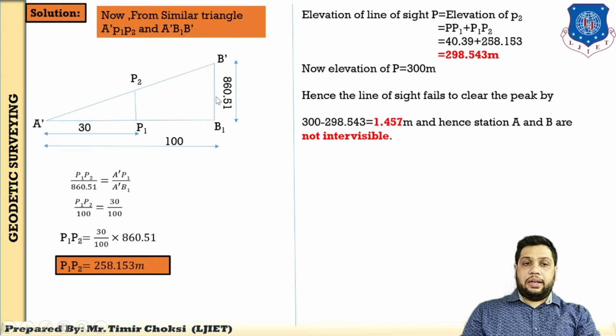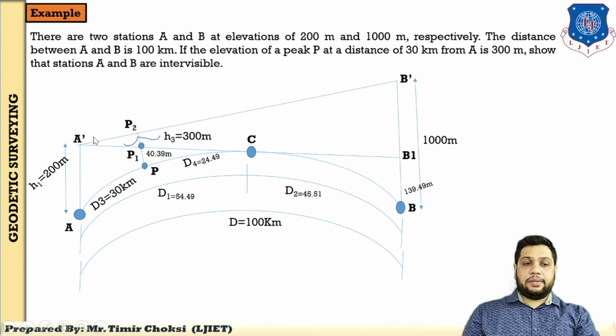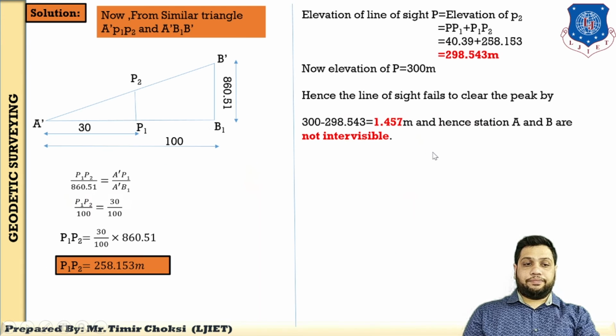Now you have taken one similar triangle. The triangles are A dash P2 B dash and A dash P1 B1, so A dash P1 P2 and A dash P1 B2. The unknown is P1 P2, because the distance B1 B dash is 860.51.